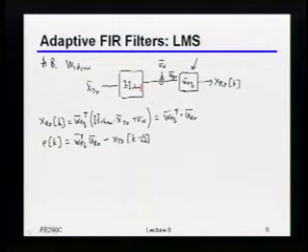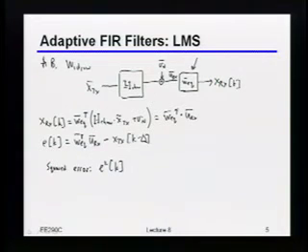And if you remember, we said earlier that usually what you want to do is maximize the signal-to-noise ratio, which is something like minimizing the mean squared error. That's what we want to do here too. So what we should actually be looking at is the squared error.